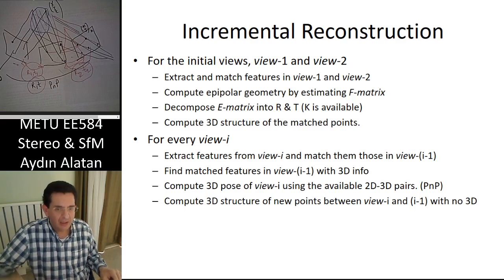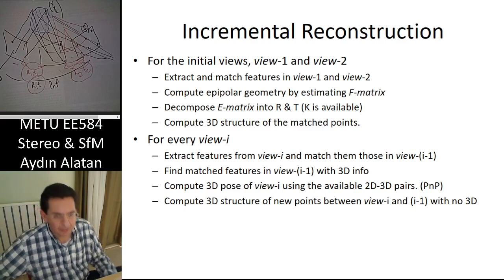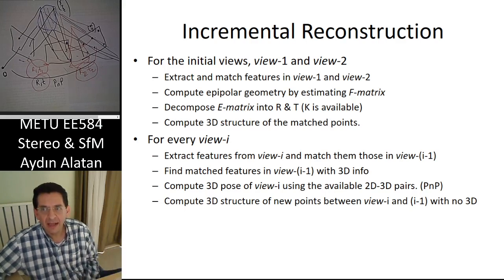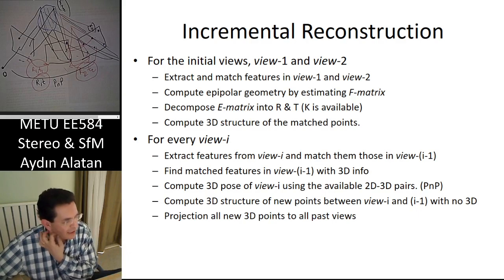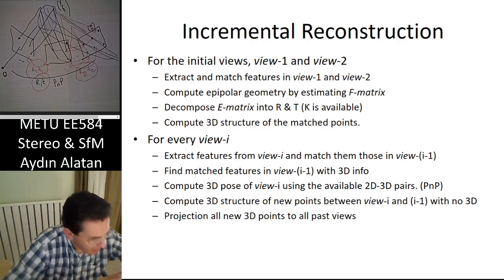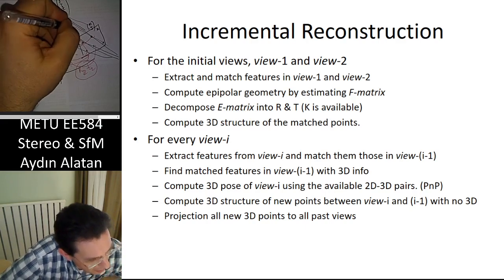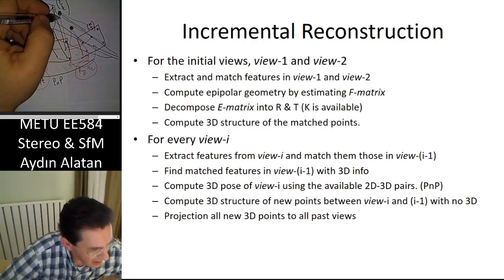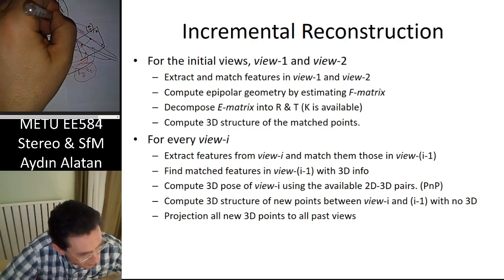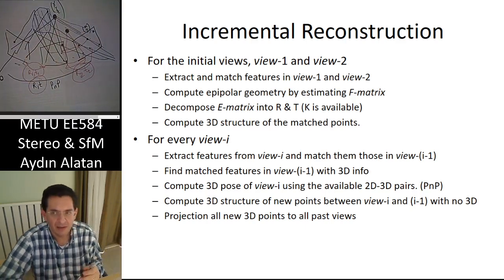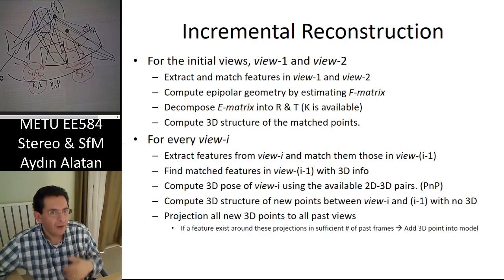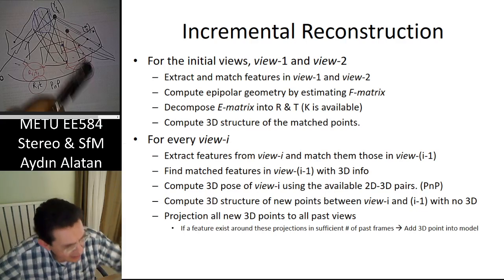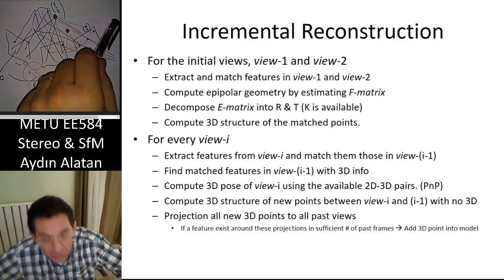Everything is available. Then I obtain this result, and I can increment all these things, and these newcomers. If they also have beautiful corners that are visible in the past views, if a majority of them are visible, I add these things to my model and I continue in this way.